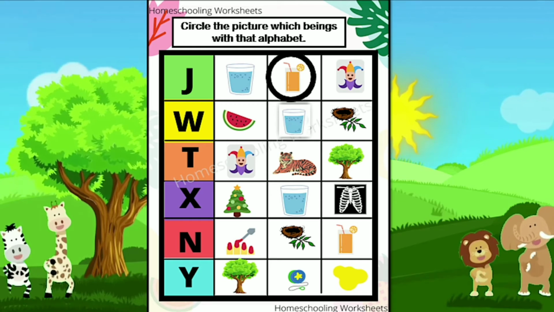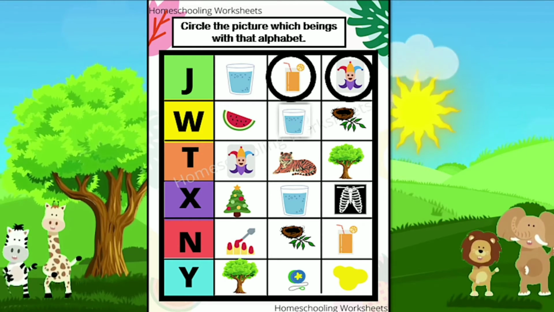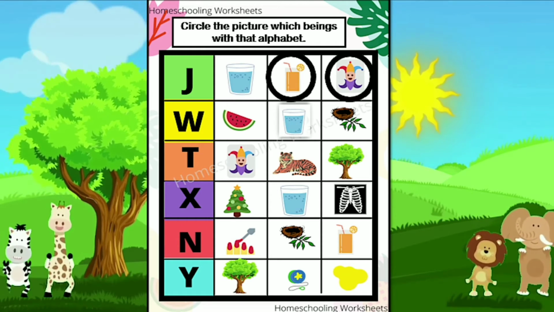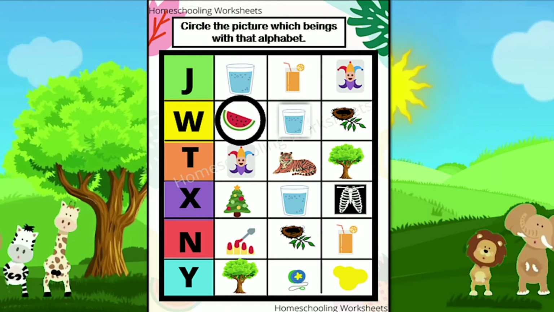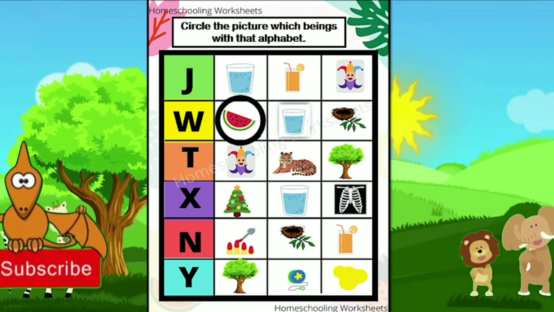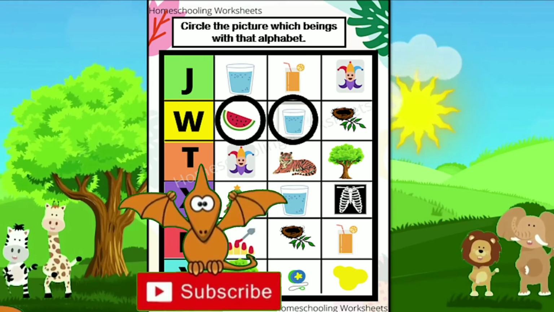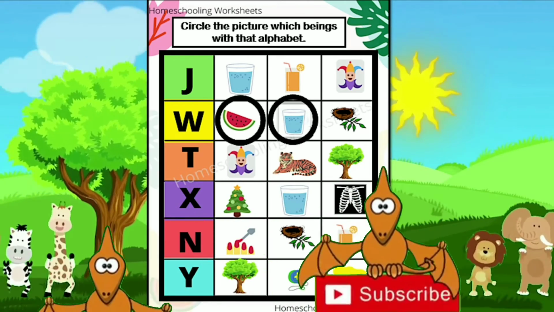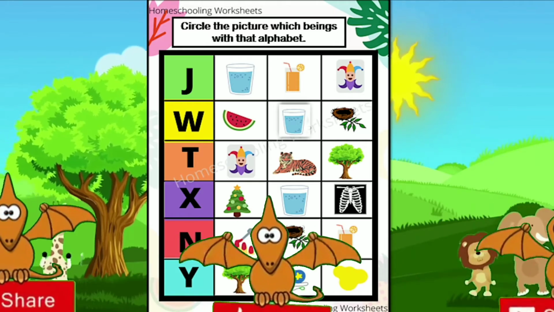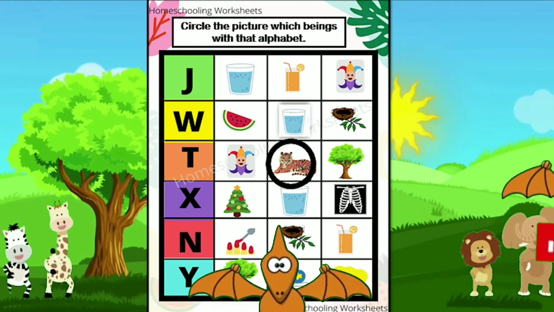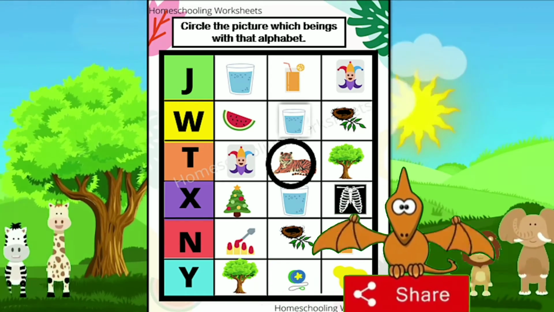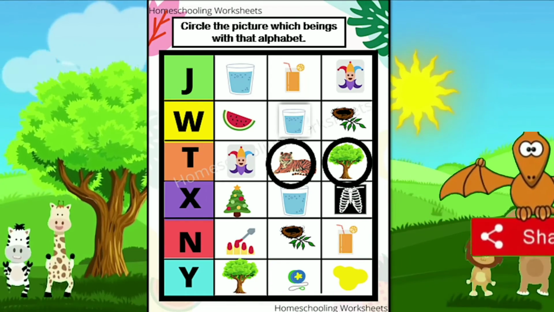J for joker. W for watermelon. W for water. T for tiger. T for tree.